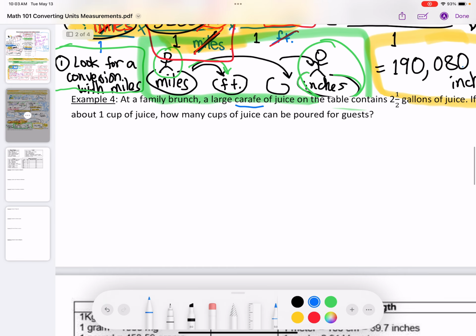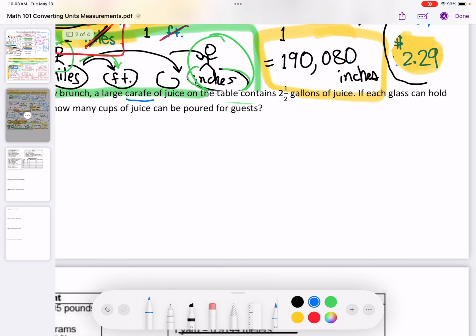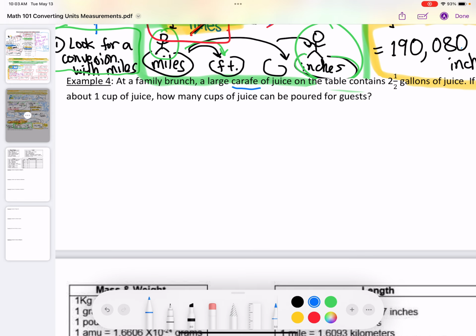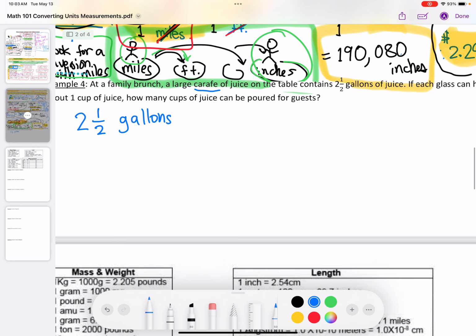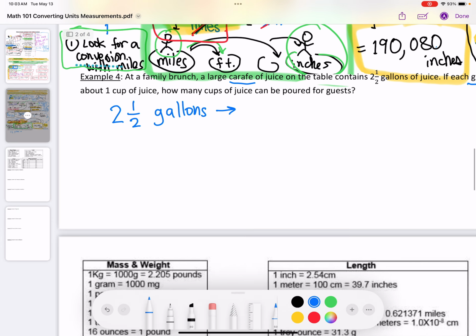Okay, this is kind of an overwhelming one. There are so many numbers going on. Let's see. If each glass can hold 1 cup. Okay, so it sounds like what we're starting with, this carafe or pitcher, has 2.5 gallons. And I don't really know what to do, but eventually I want to go to cups because each glass can hold 1 cup of juice.